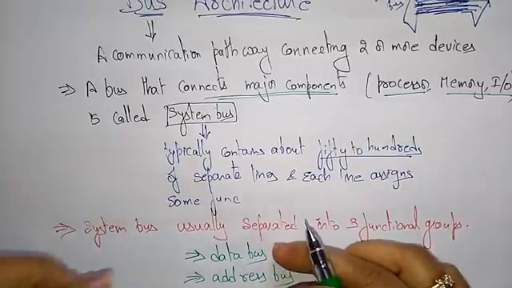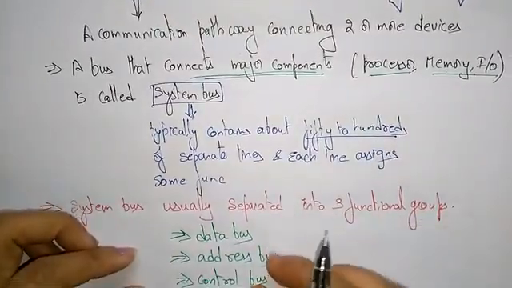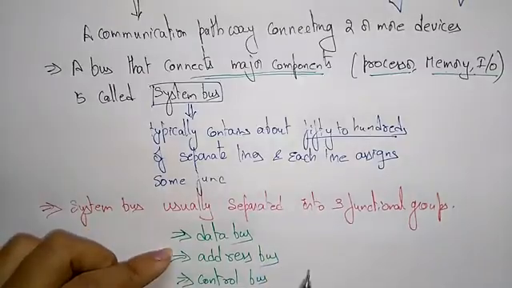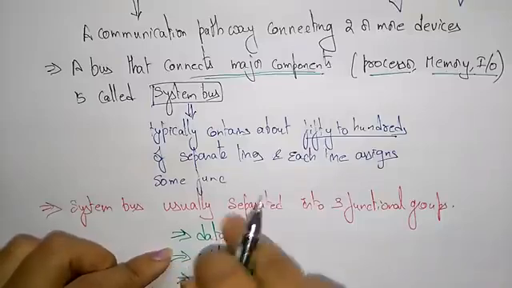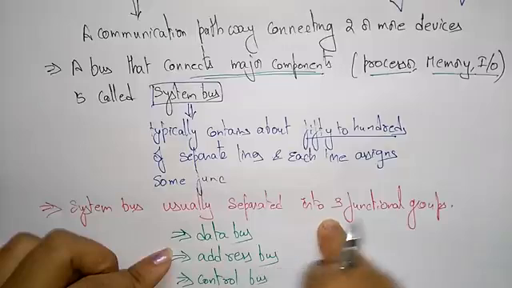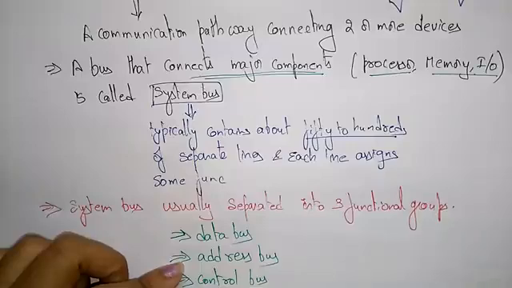So a system bus means a set of bus lines divided into three separate buses: data bus, address bus, control bus. The data bus is used to hold the data that the processor has to work on, and the data is sent to memory and I/O devices. The address bus indicates from where we have to get the data and where we have to put the data.